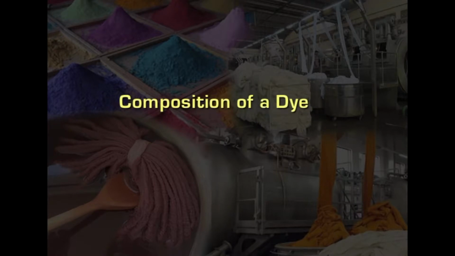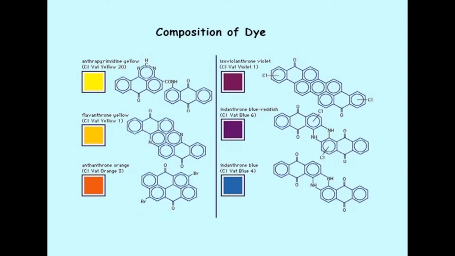Coming to the composition, a dye molecule has a conjugated system, a framework with double and single covalent bonds that alternate between the atoms, and this forms the framework for each dye molecule.